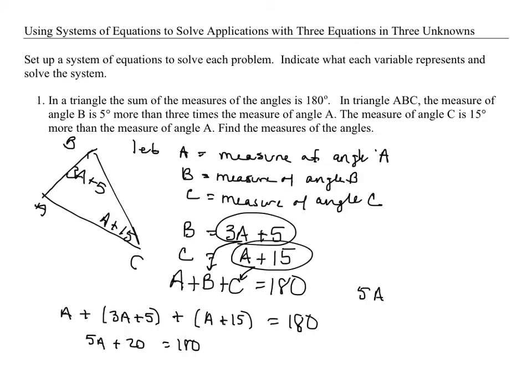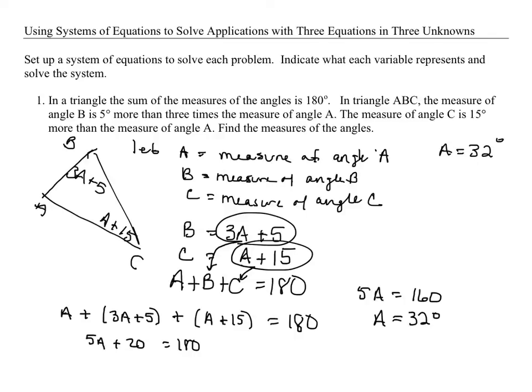5A is equal to 160. A is equal to 32 degrees. So A is 32 degrees.